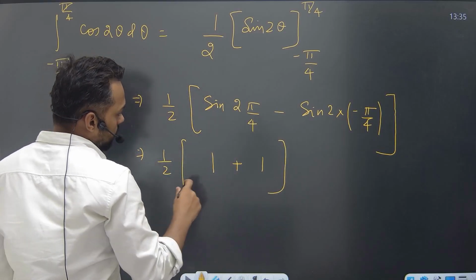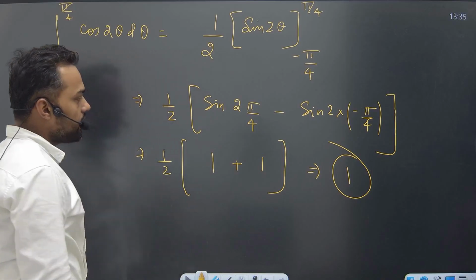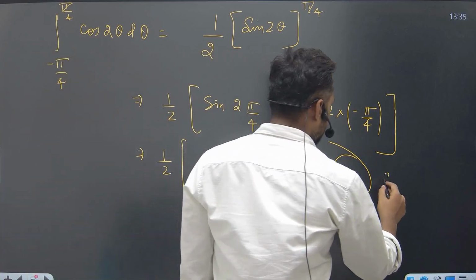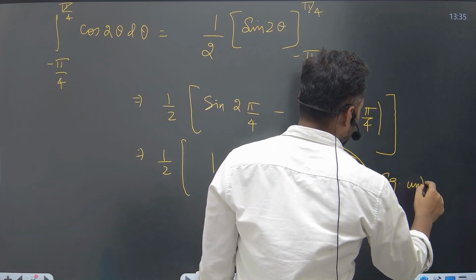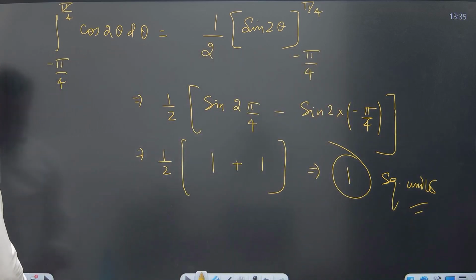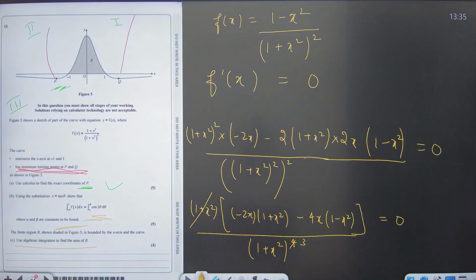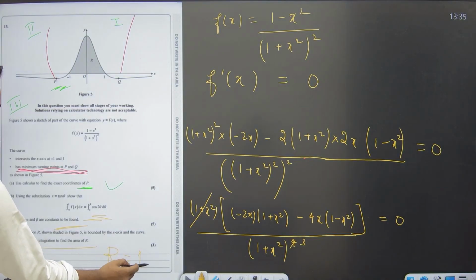So 1 by 2 into 2 will be equal to 1. So the area of the region R will be 1 square unit.